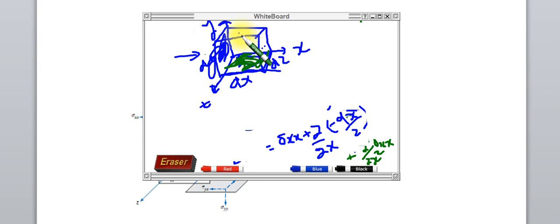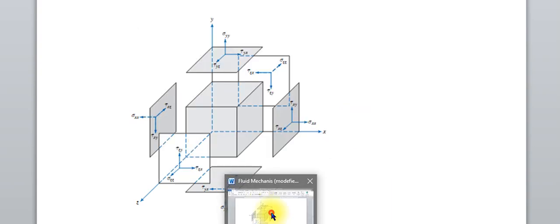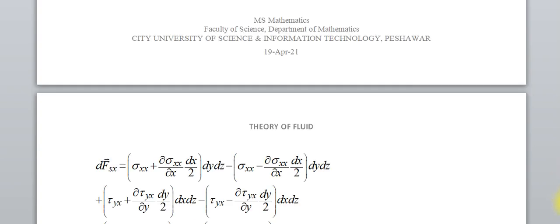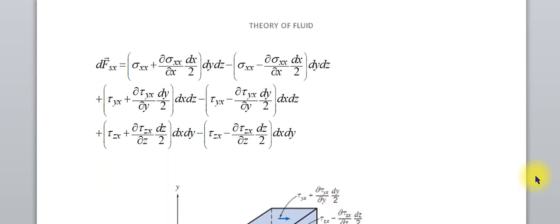In the y plane and in the x direction, you can see the cross-sectional area.